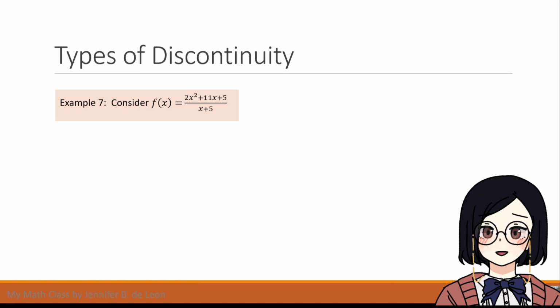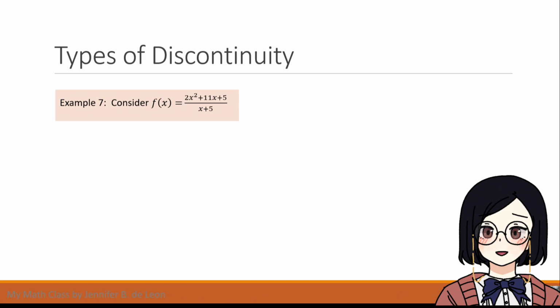Now consider f of x equals 2x squared plus 11x plus 5 all over x plus 5. A while ago, we were able to determine that this function is discontinuous at x equals negative 5.